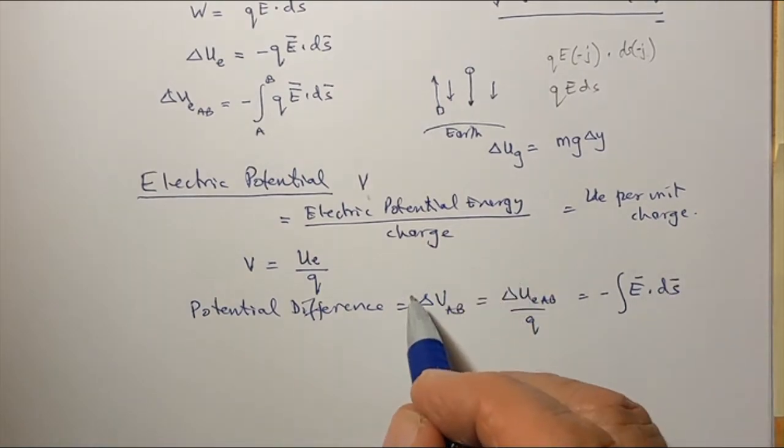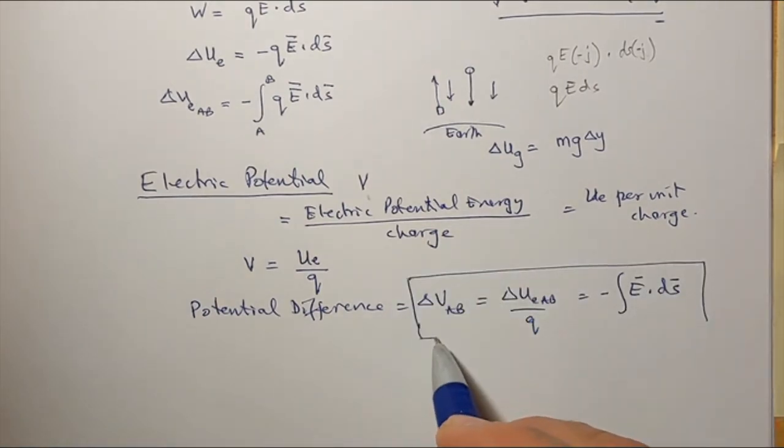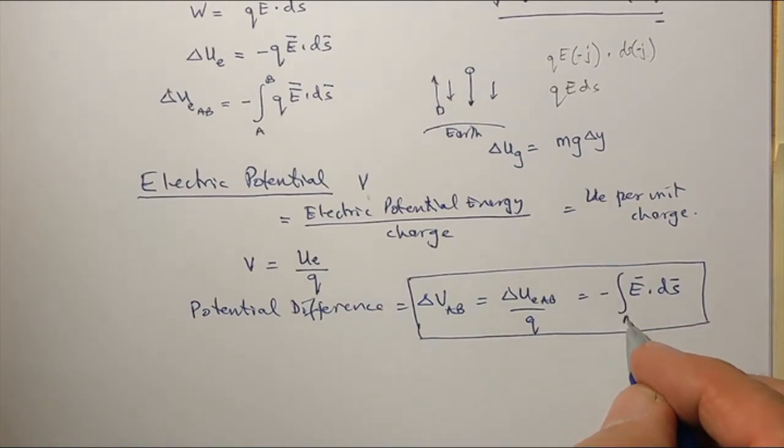That's from A to B. That's the equation for the change in potential.